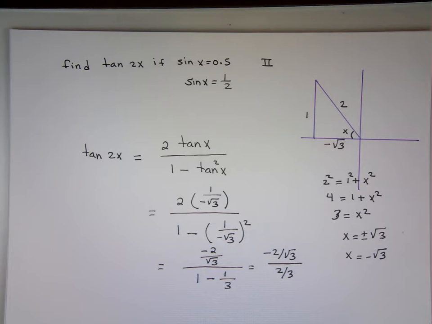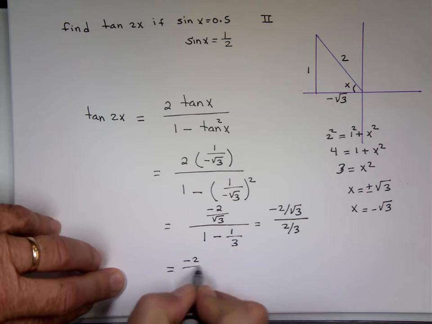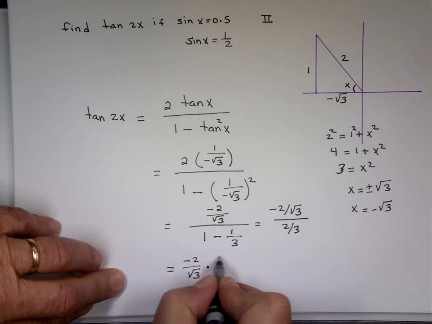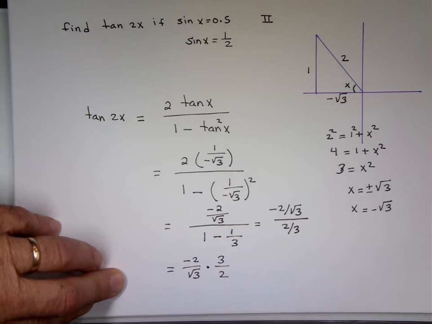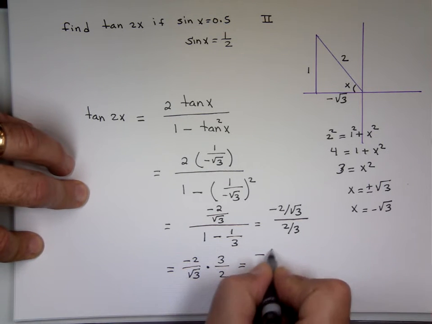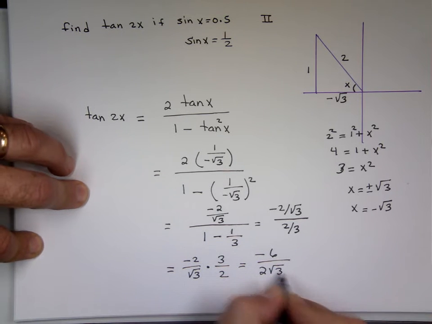So when you have division, you can change it to multiplication. Times what? 3 over 2. So that's negative 6 over 2 times the square root of 3. They don't like to see a square root in the bottom.